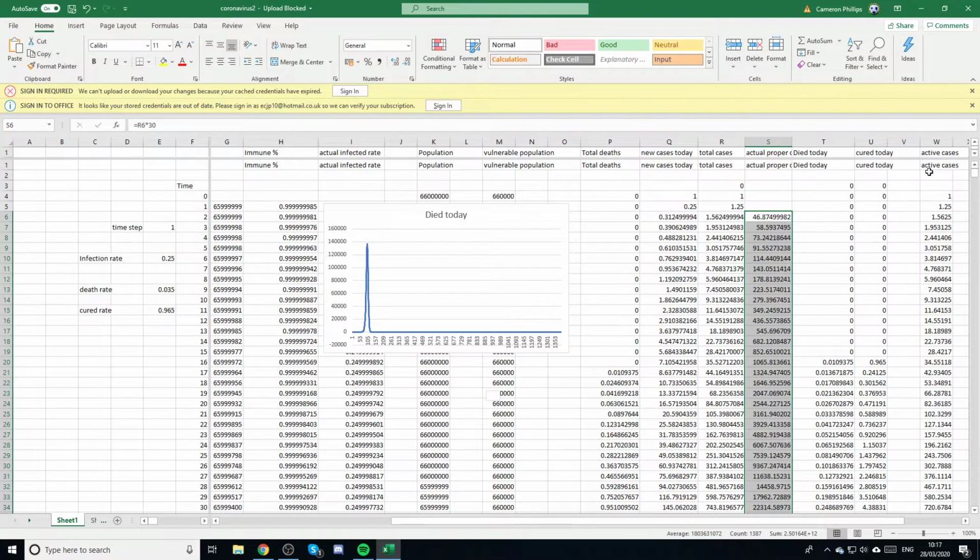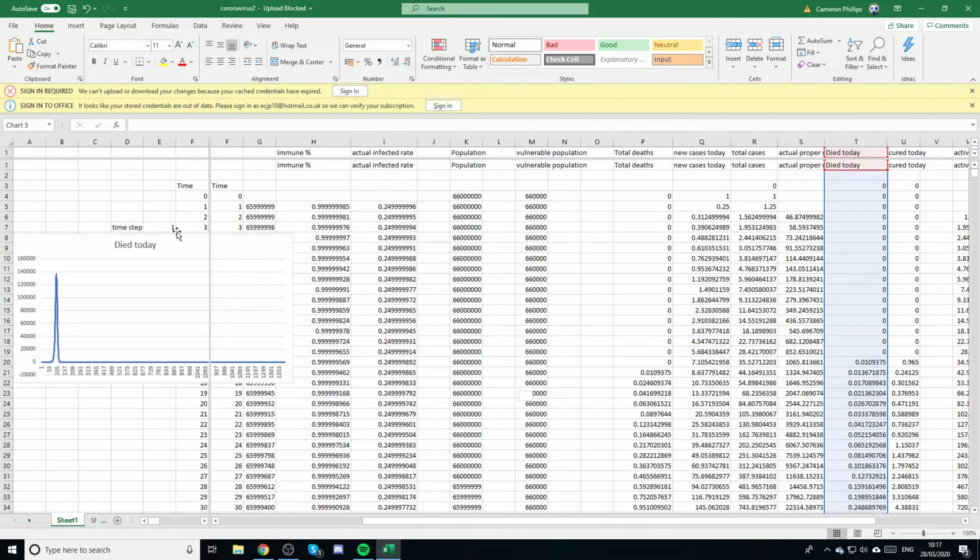Now that's pretty good. A lot more people have got it than we thought we had, because I've based my herd immunity on total recorded cases, and actually K4, vulnerable population, I've changed my herd immunity.